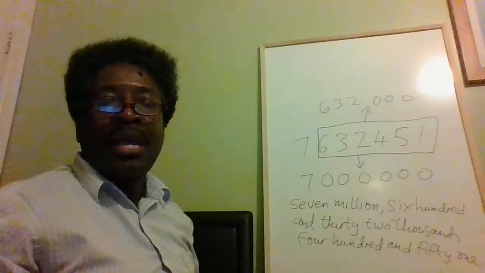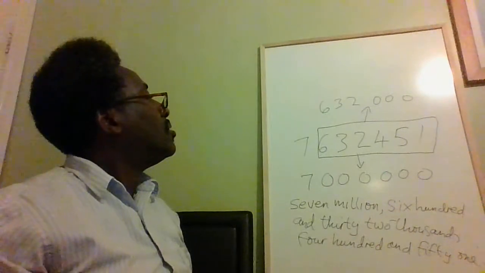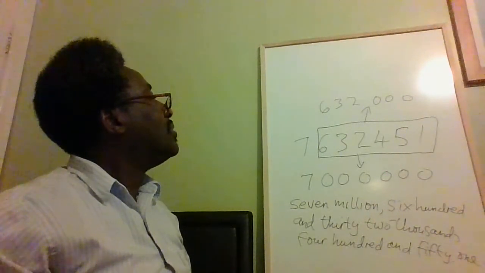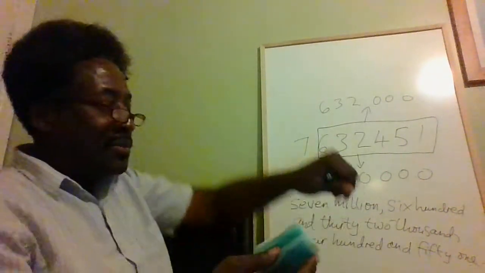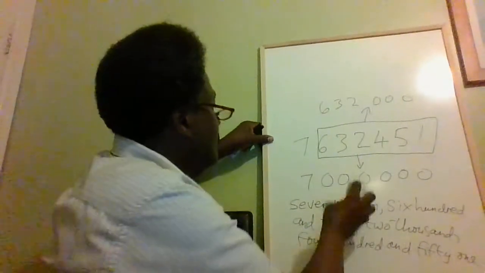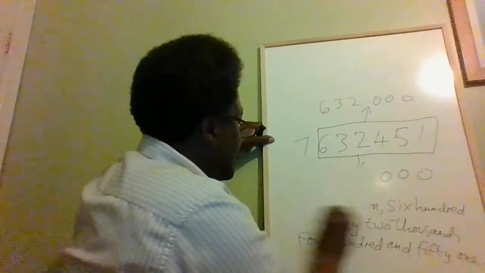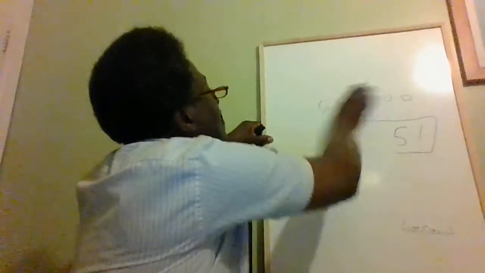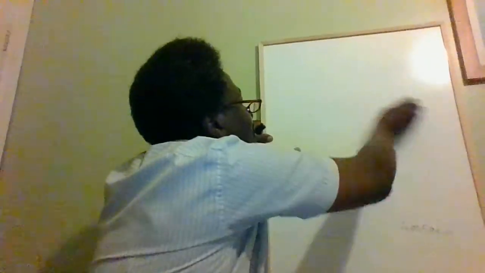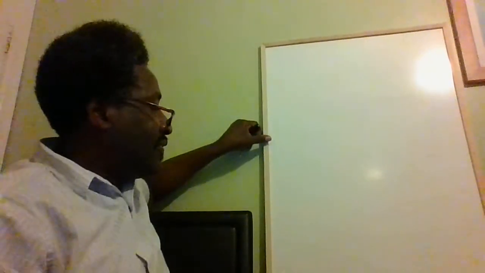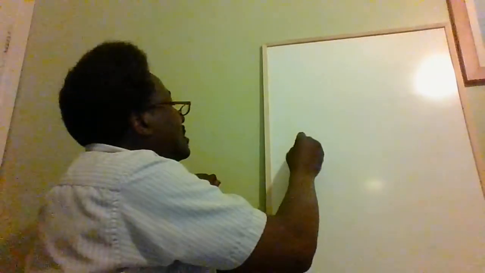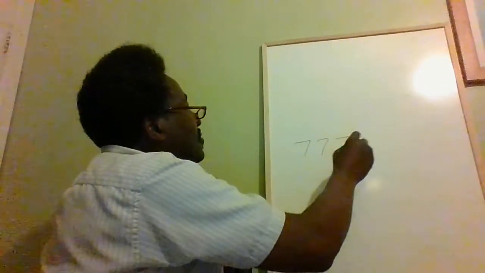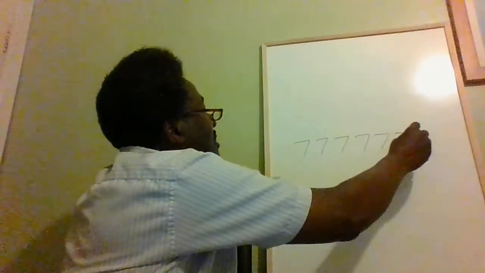Let's do one more example of a 7-digit number. And I'm going to make it similar to one we did in a previous video. Let's go this time with 7 7 7 7 7 7.